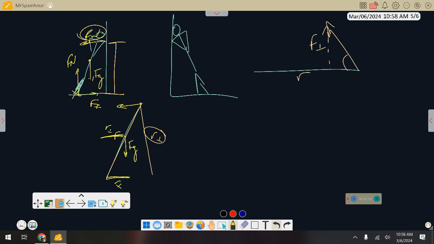So this goes back to something that I did early on, but I kind of pushed you away from it because some people screwed this up. I told you at the beginning that the torque is equal to lever arm times force times sine theta. And then I also told you that the purpose of doing sine theta is to make sure they're perpendicular to each other. Yes? I then told you another equation that I'm going to be fine with you going back to, and it's this: torque is lever arm perpendicular to force.